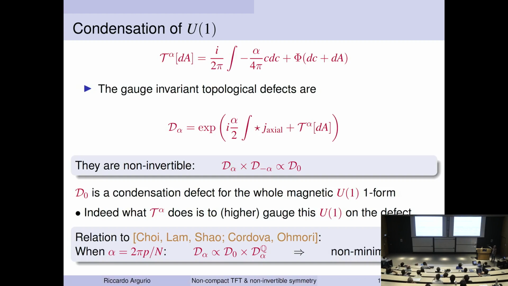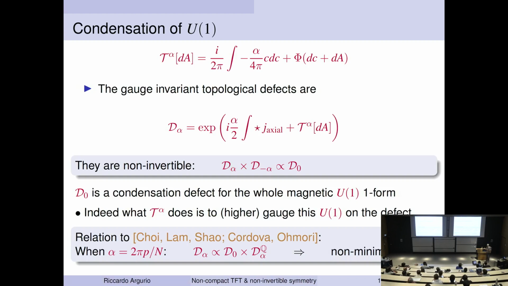So if you fuse this defect with the one with the opposite angle, D alpha times D minus alpha, work it out a bit, we will find that this is proportional to the defect where I set alpha to 0, but this is not the identity.